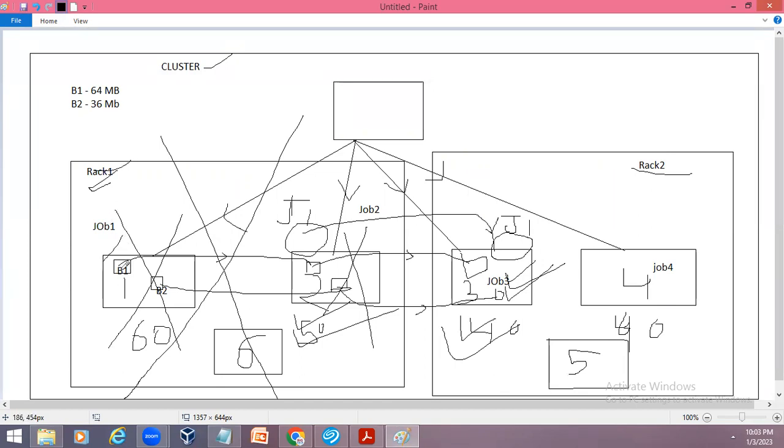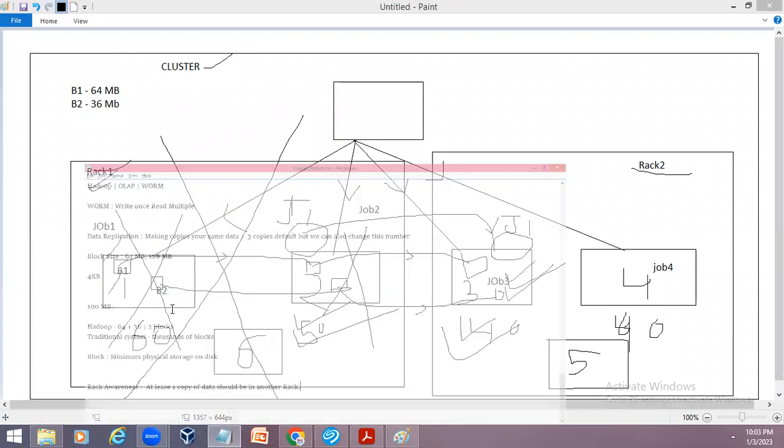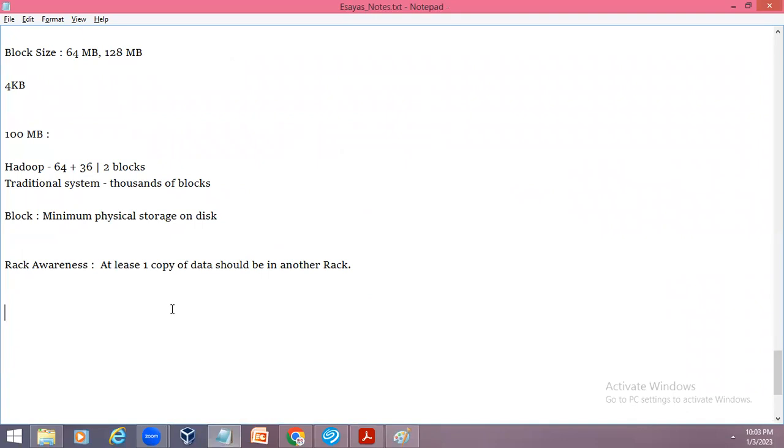Under the nodes, I have the blocks. So that's a four-level storage: cluster, rack, nodes, and blocks.